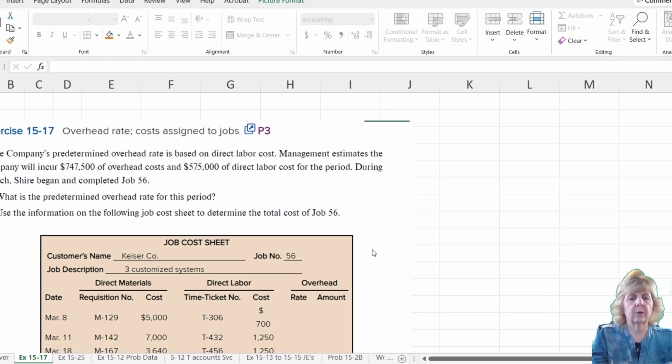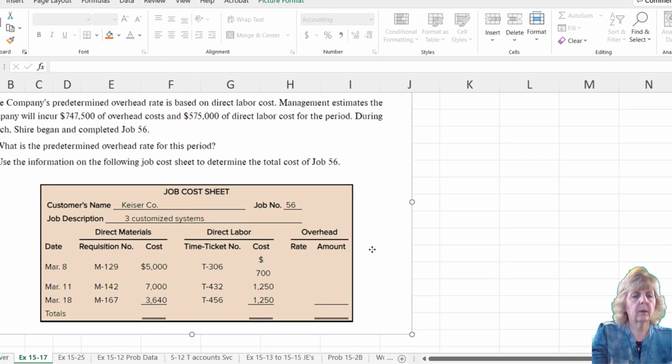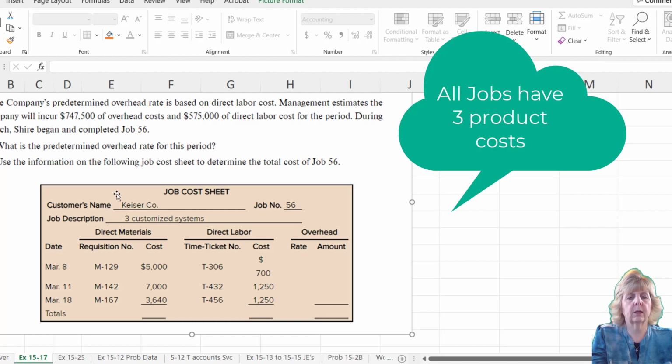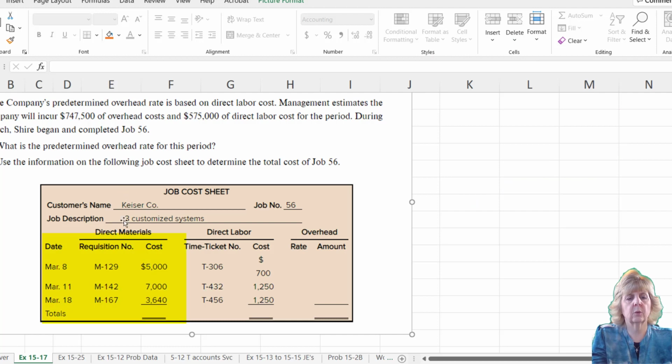So scrolling down a bit, we'll notice that this job cost sheet has the 3 product costs listed. In the first set of columns, we see direct materials, which are supported by requisitions. The second set of columns deals with direct labor costs, which are supported by time tickets. And the third category of overhead will be based upon the computation that we did from requirement 1.